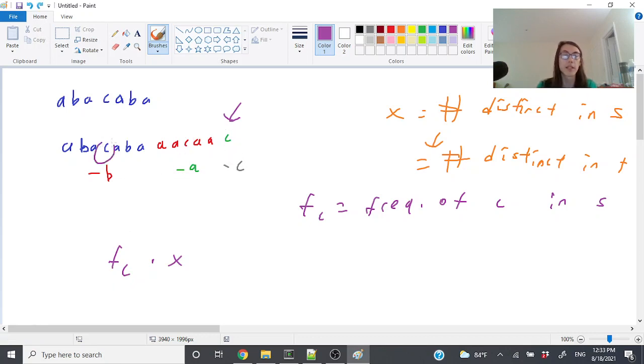Each round we're going to have the same number of C's, and we have X rounds, which is the number of times it shows up.